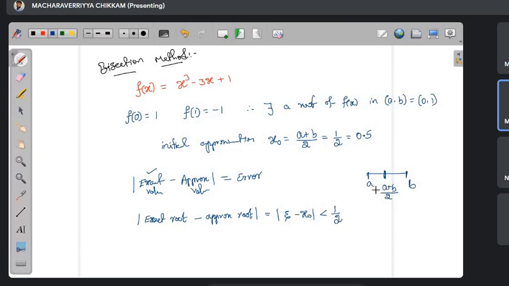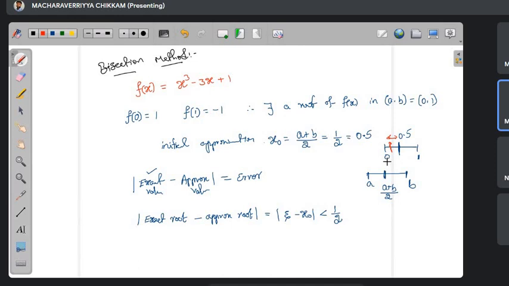Why is it? Because initially our interval length is 1, 0 to 1, and we know between 0 and 1 there is a root. Let me assume that the exact root location is this, and our approximated root is here. I'm taking 0.5 to be the approximated root. Now you see the distance between the exact root and the approximated root.